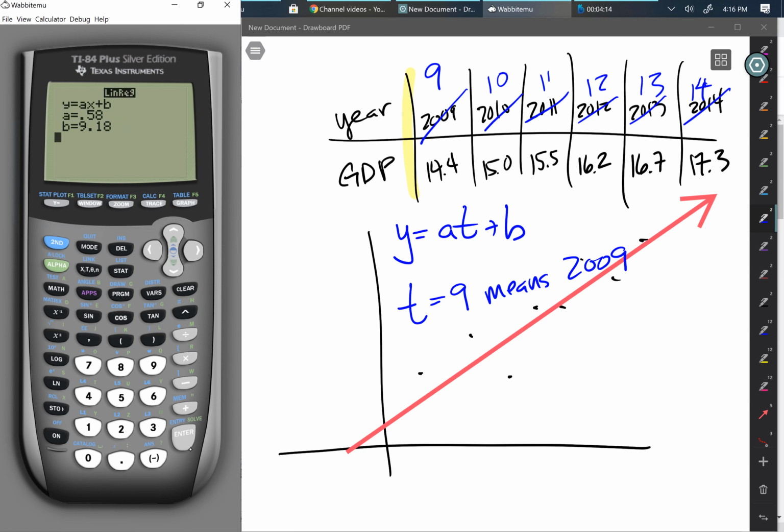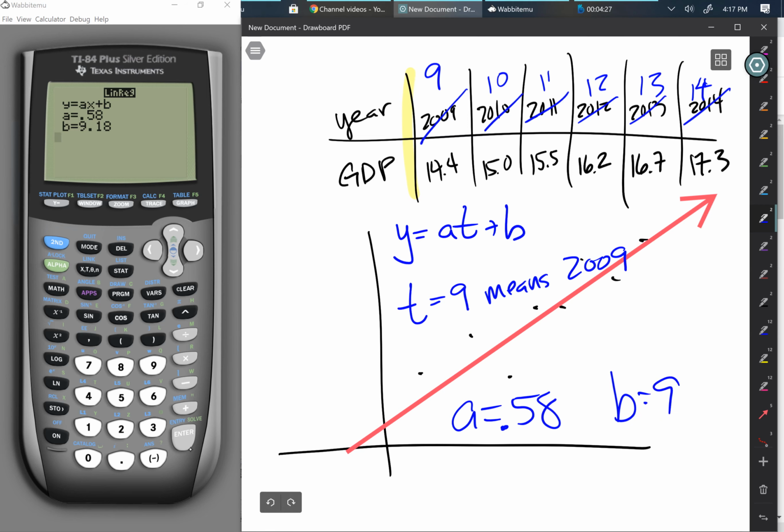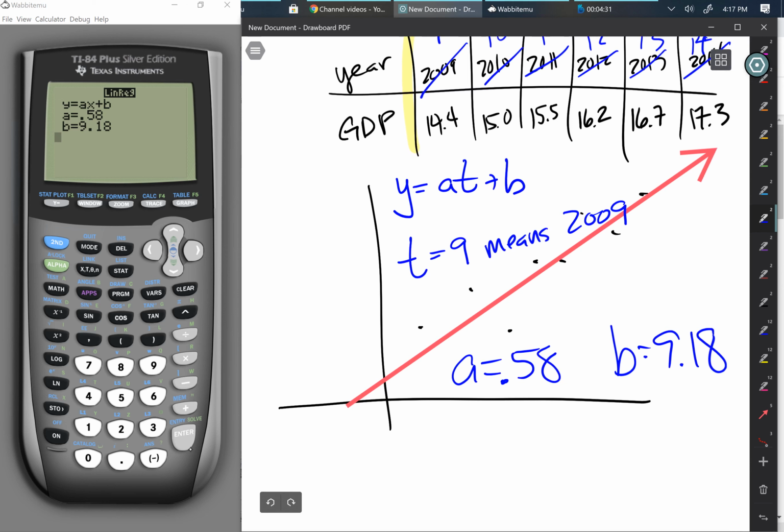And it spits it out, and it tells me that the equation is y equals ax plus b, or at plus b, how they want it, and a is 0.58 and b is 9.18. And so what that tells me is that the equation that fits this data the best is y equals 0.58t plus 9.18.